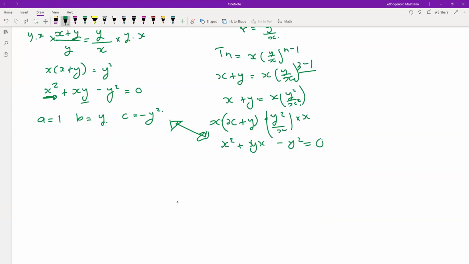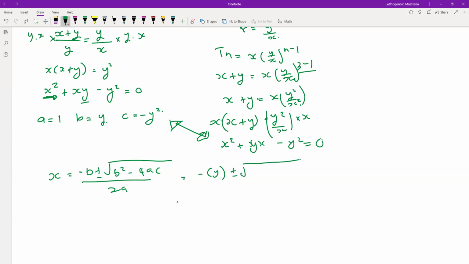We're going to use our quadratic formula that says x is equal to minus b plus or minus the square root of b squared minus 4ac, over 2a, where b is equal to y, a is 1, and c is negative y squared.